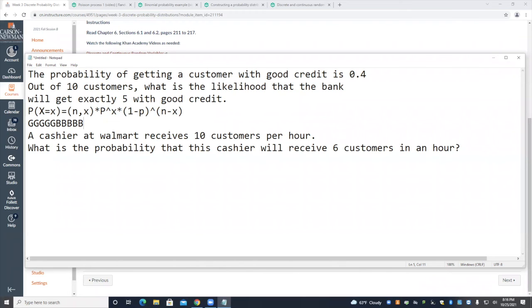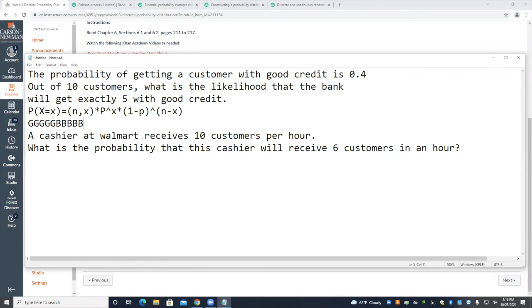Because that is showing you how many different ways you could squeeze those 5 customers into 10 customers. It could be that the first 5 were good customers and the last 5 were bad, but that is just 1 out of 1,024. It could be that the first one was good, the second was bad, then 4 in a row were good, and the rest were bad. So you could put them in different places, almost like license plates.